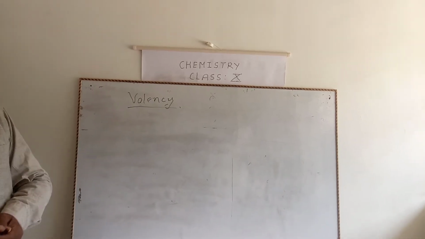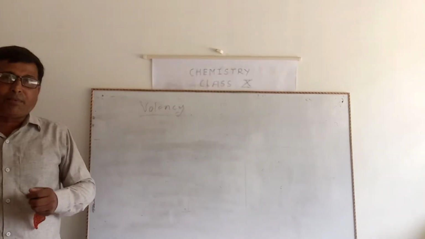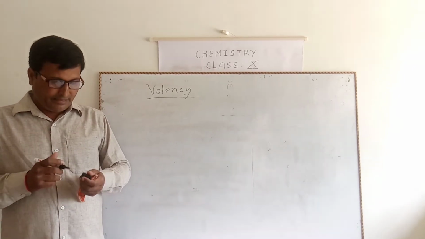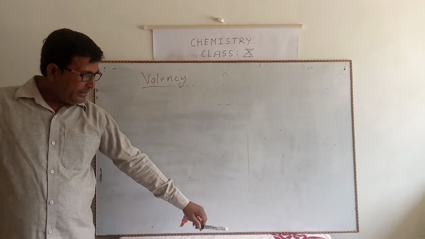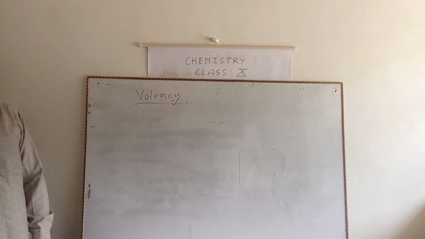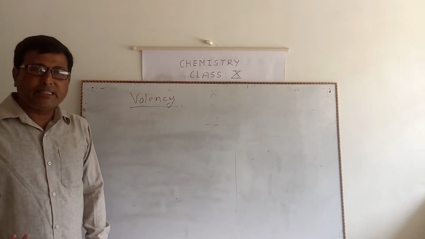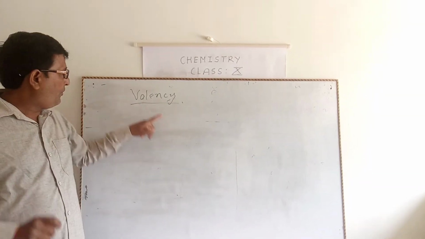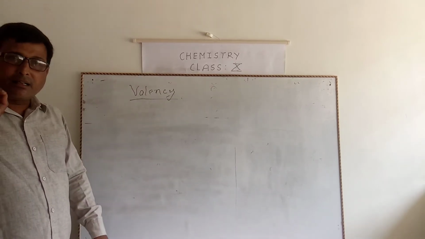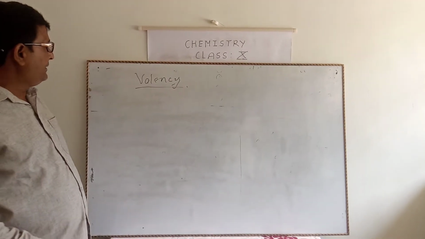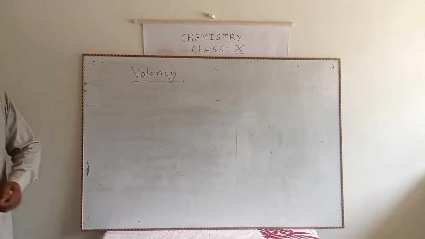You have already studied: the combining capacity of an element is known as valency. But another question comes: what is the combining capacity? My answer, the combining capacity of the elements is known as valency. What is the combining capacity?